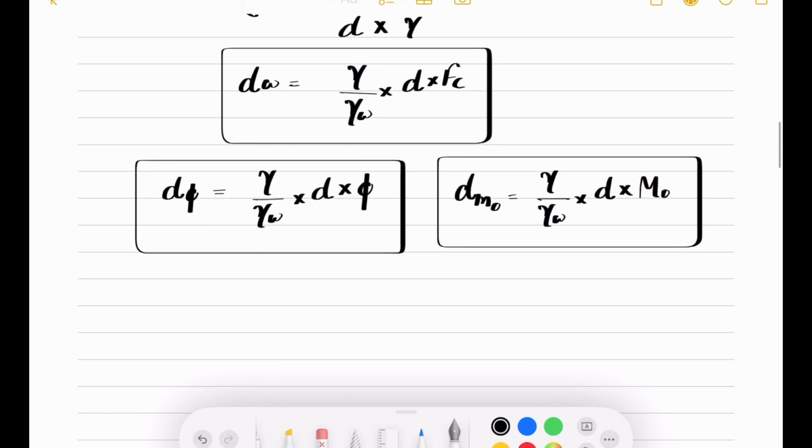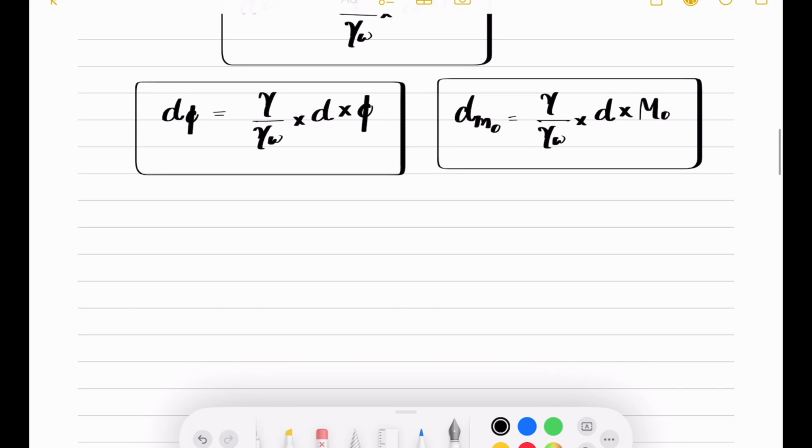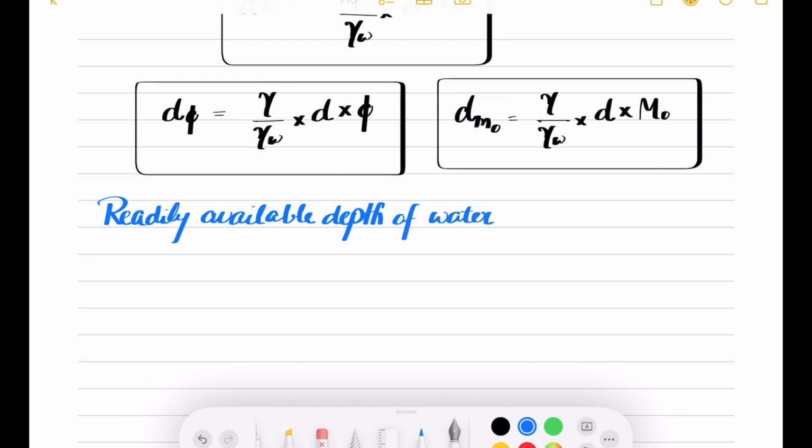So we have discussed previously, in the last lecture, the readily available moisture content. If we want to quantify in terms of depth of water that is readily available, what is the readily available depth of water? That we have discussed is dW minus dm naught, right? dW minus dm naught.